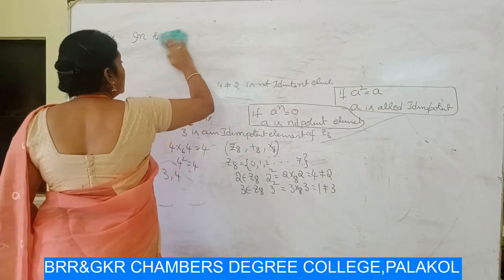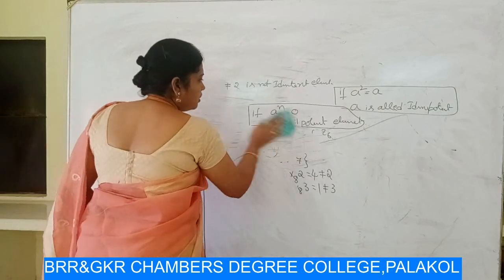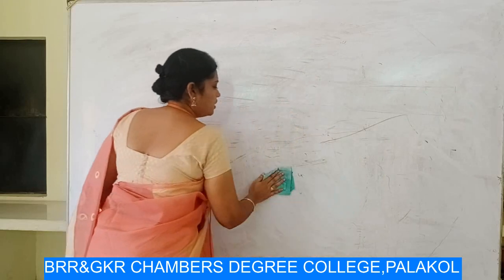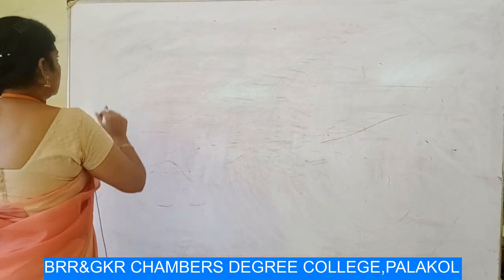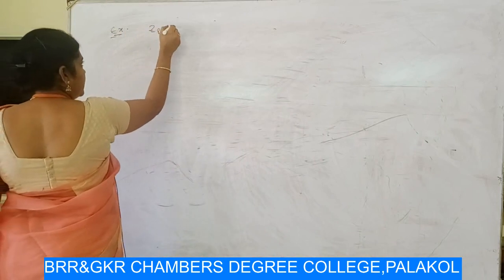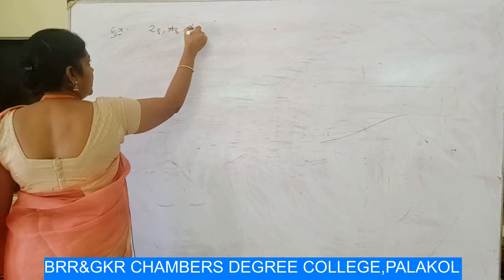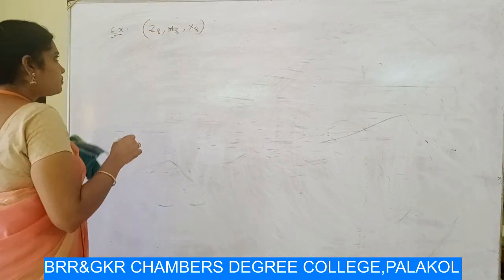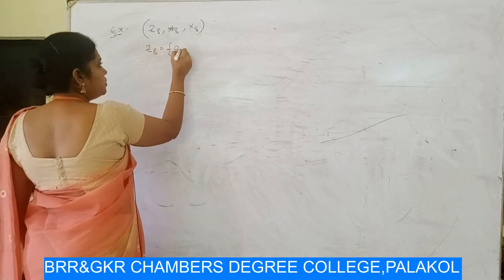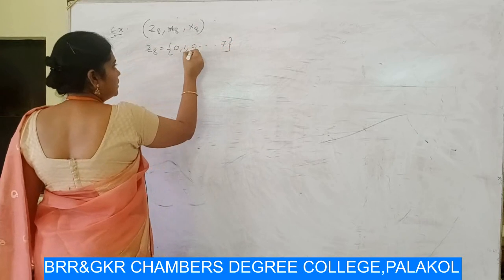Now we see another example, for nilpotent elements. That ring is Z8, addition modulo 8 and multiplication modulo 8, which set contains elements 0, 1, 2, 3 and so on up to 7.